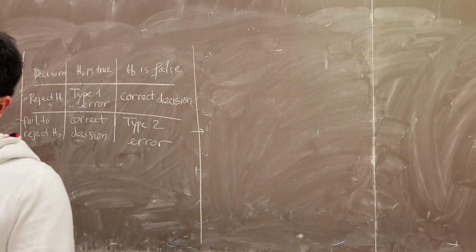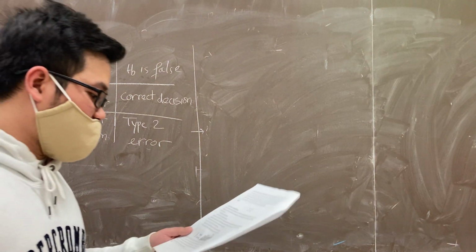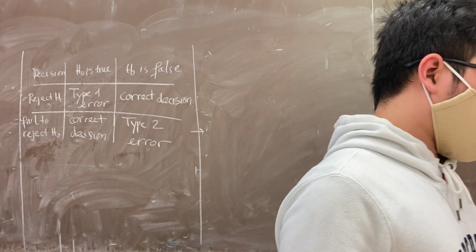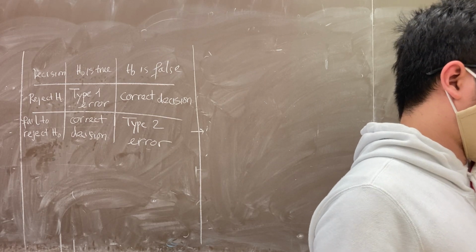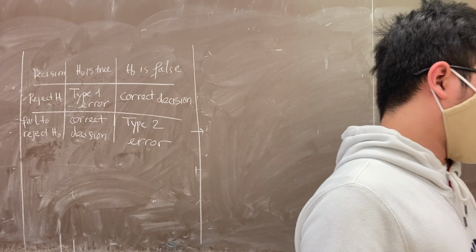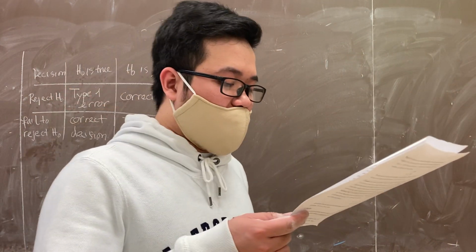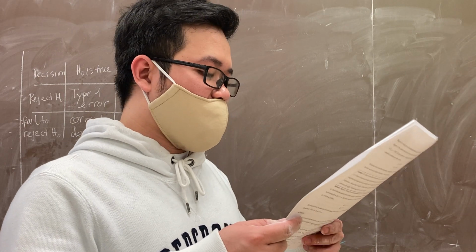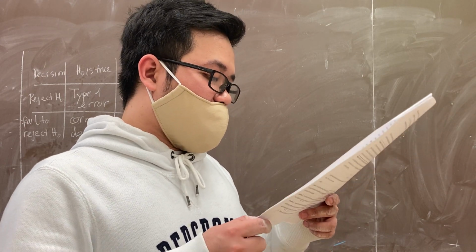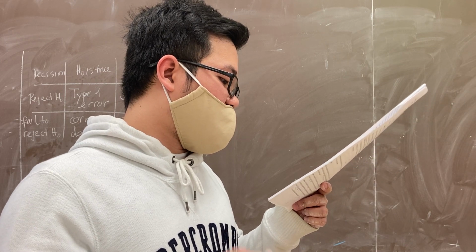So now we look at example 2. Insurance companies commonly use 10,000 miles as the mean number of miles a car is driven per month. Okay. One insurance company claims that the mean is more than 10,000 miles per month.